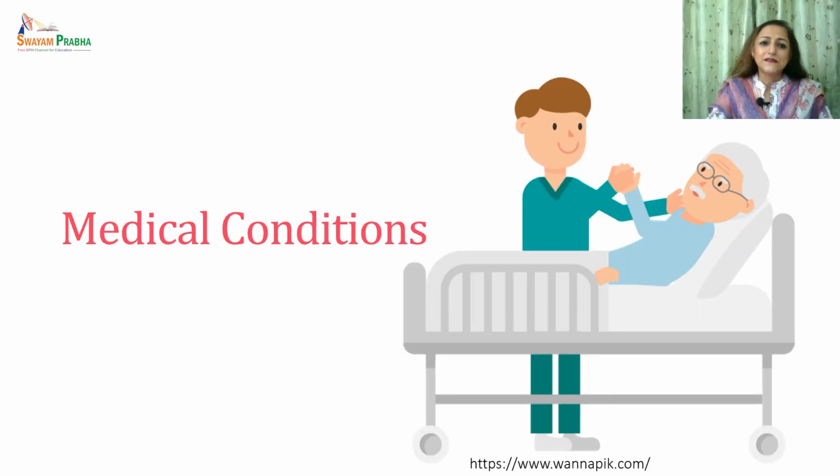There are certain health conditions which actually limit our food choices. For example, in aging, people who have lost their teeth and are on dentures cannot chew well, so they will have different food choices.